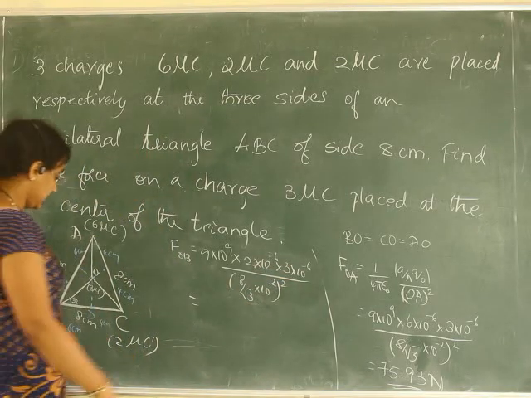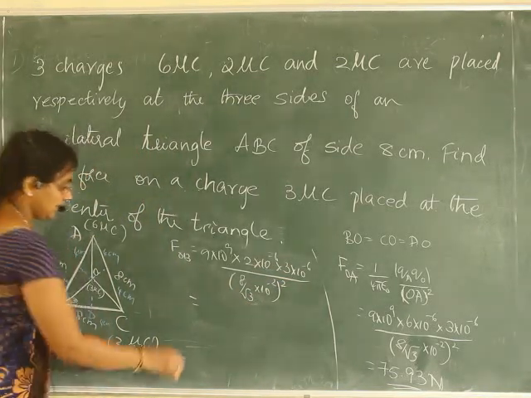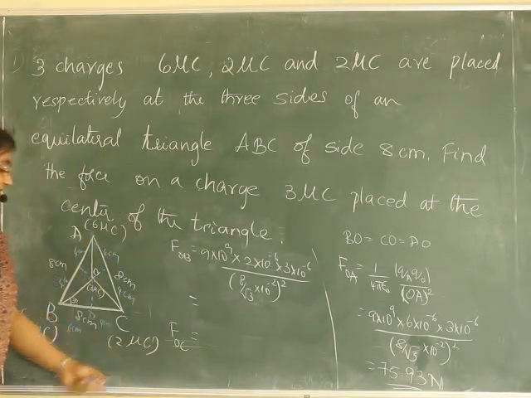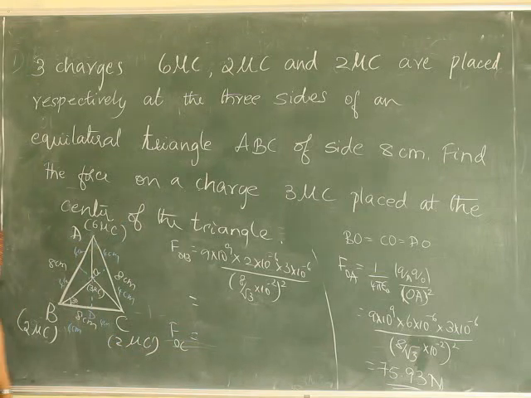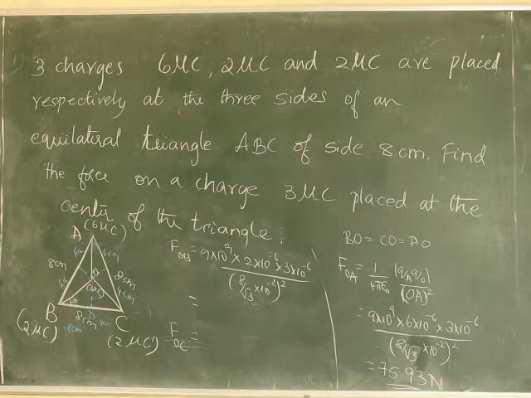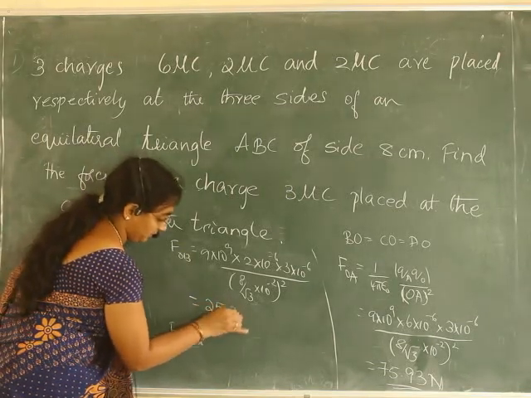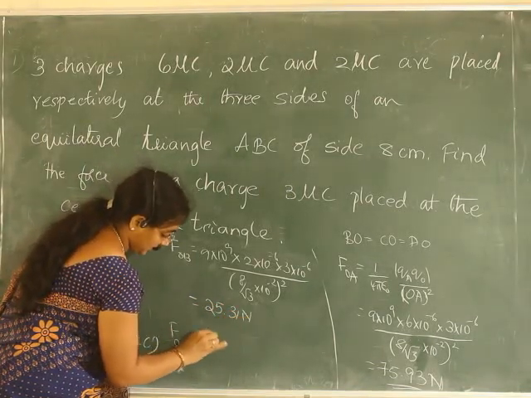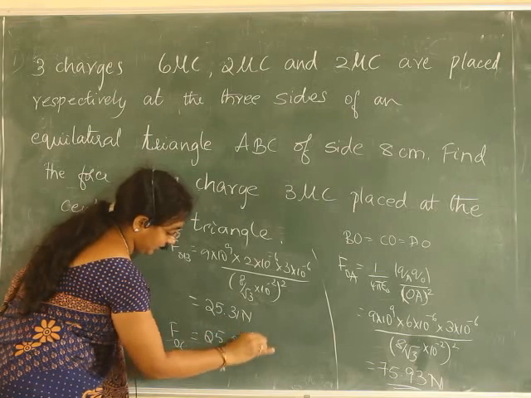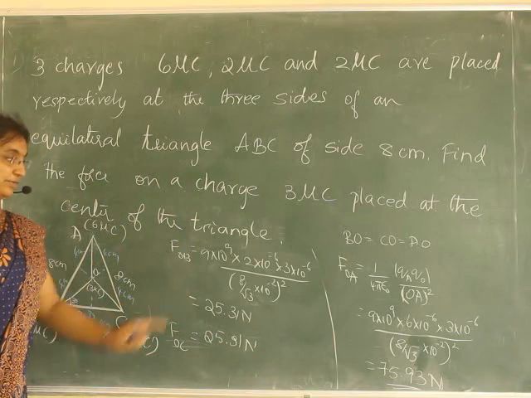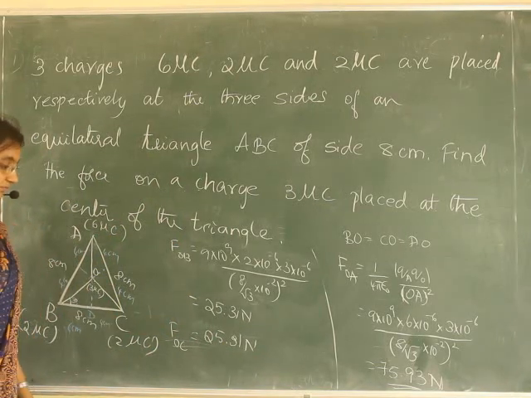I think we get the same answer for FOC, because the value of the charge is the same. What is the answer we get for FOB and FOC? We get 25.31. Similarly, for this one also 25.31 Newton we should get. Okay, I got the value of the force, FOA, FOB, FOC.